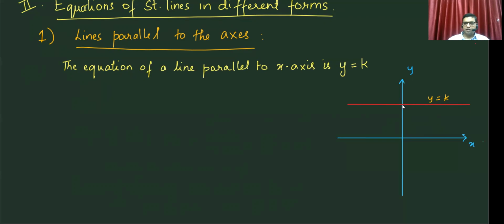That means it passes through this point 0 comma k. Any point on this line will be of the form h comma k. h is variable, but k is fixed. So this is a line whose y coordinate is equal to k. So the equation of a line parallel to x-axis is y equal to k.